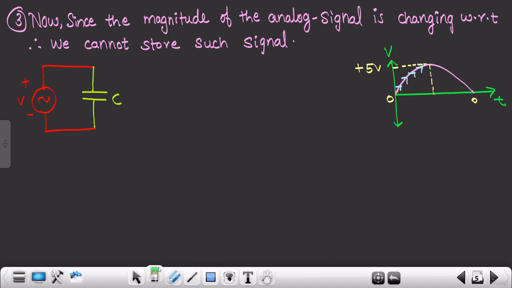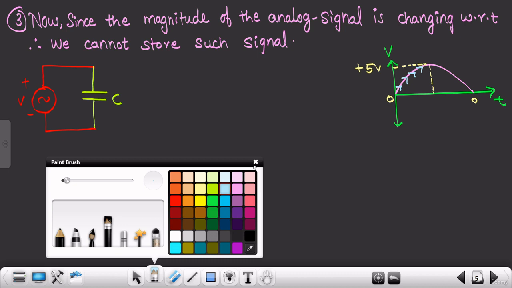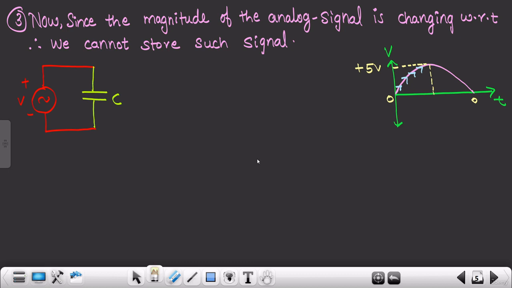What we can see over here is that from 0 to 5 volts, the waveform is advancing, and thus the capacitor is charging.